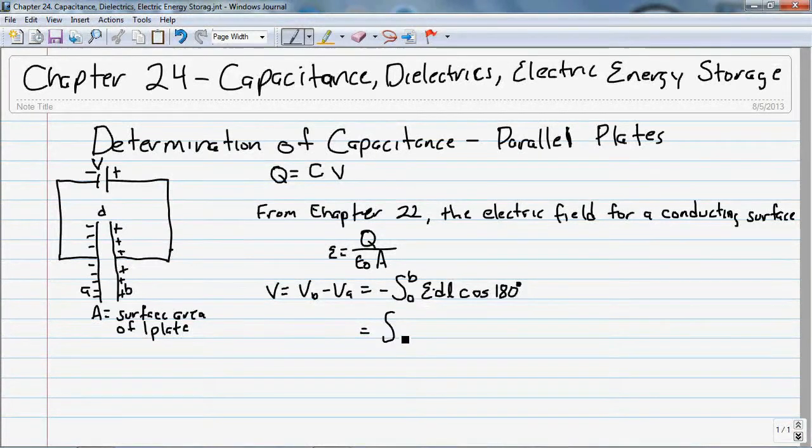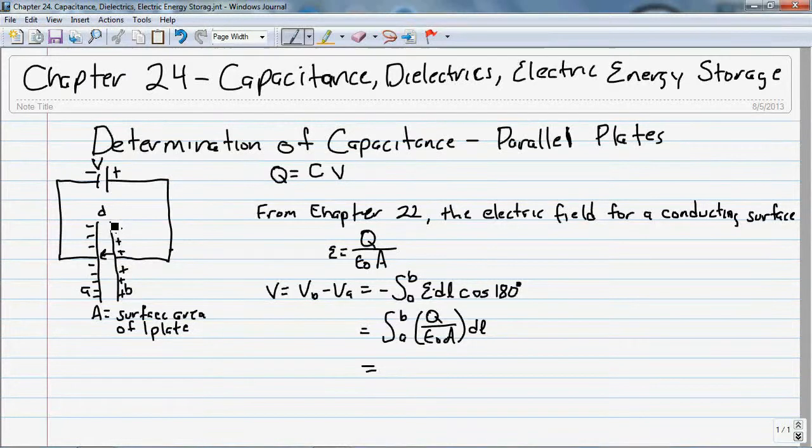And I get the integral from A to B of Q over epsilon naught A times dl, and this electric field part, Q divided by epsilon naught A, is just our constants, and the integral is just the distance between the two plates.